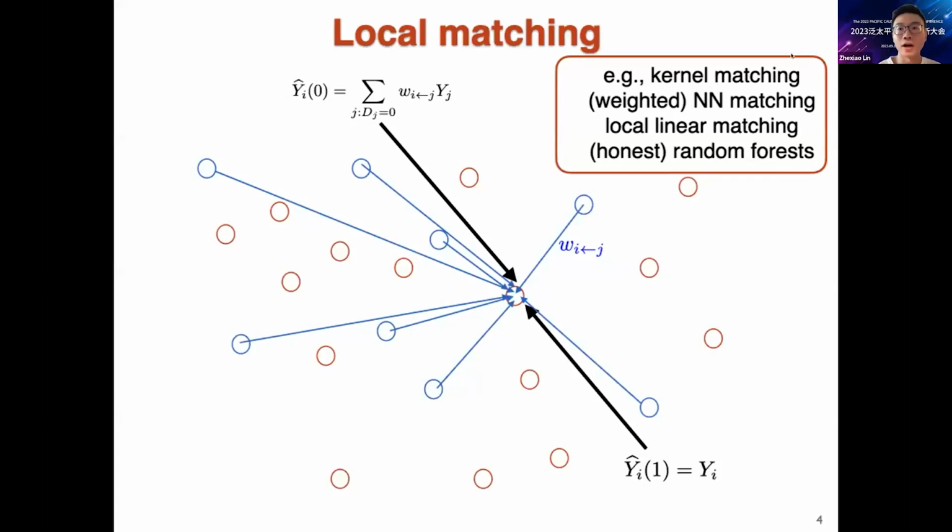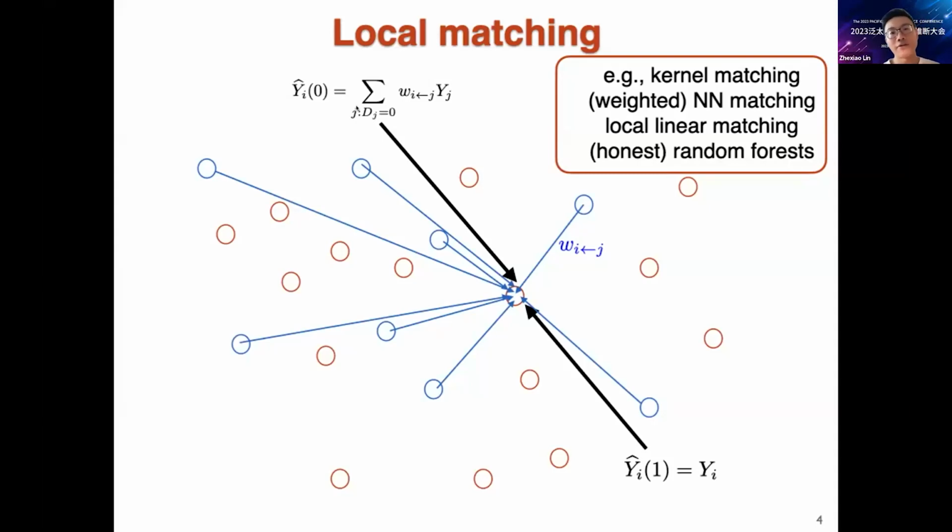For example, kernel matching is exactly the case when we use the Nadaraya-Watson estimator to construct this non-parametric regression estimator. The nearest neighbor matching estimator, which is a very popular matching estimator in causal inference, corresponds to the case where we use the k nearest neighbor estimator to impute the missing value. Local linear matching is exactly when we use local linear regression to impute the missing value.